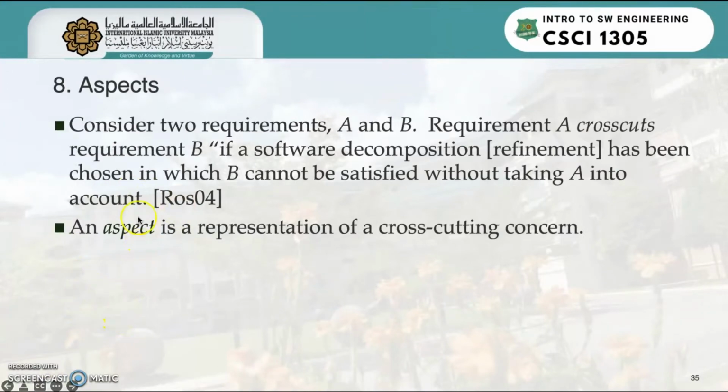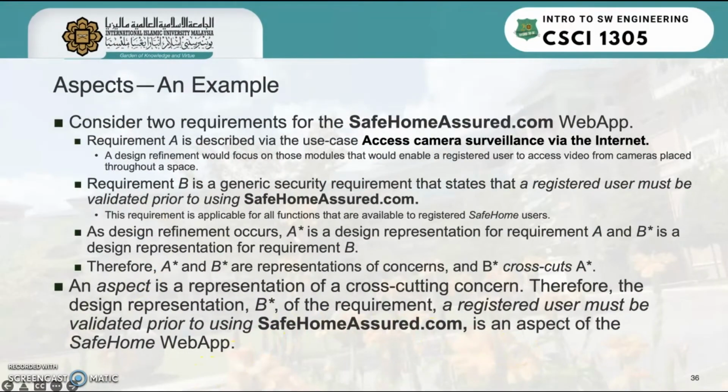In terms of aspects, the aspects can be cross-cutting concerns. When you have two or more concerns, you call it an aspect. There are some paradigms that work on aspect orientation. Here you can see that the two requirements can cross-cut each other. One is talking about having access to the camera surveillance via the internet.